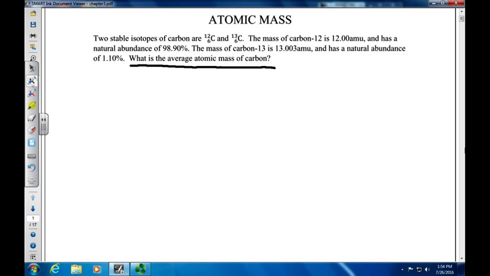So the first thing I generally want to do whenever I look at percentages is to try to convert them to decimals, because decimals are easier to work with than percentages, at least in chemistry.